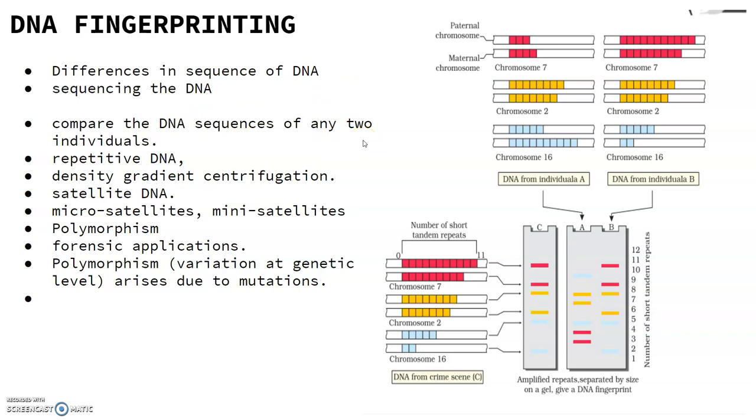Now what is DNA fingerprinting? What is the process? It involves identifying differences in some specific regions in the DNA, not the entire DNA, only in the specific regions of the DNA sequences, which are called repetitive DNA. In these sequences a small stretch of DNA is repeated many times, and these repeated DNAs are separated from the bulk DNA as different peaks during density gradient centrifugation.